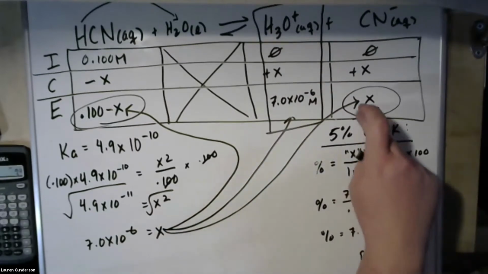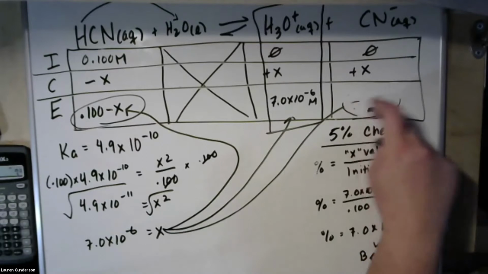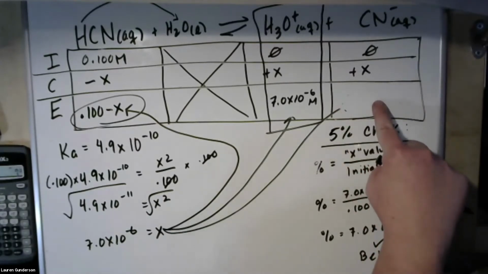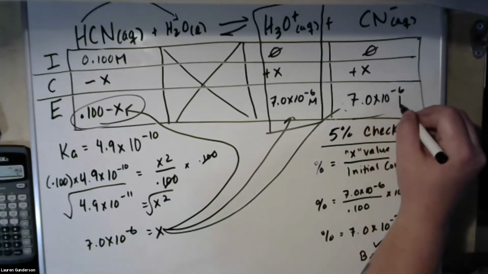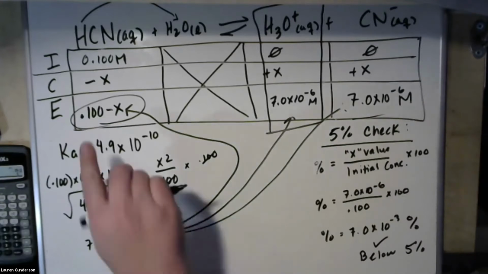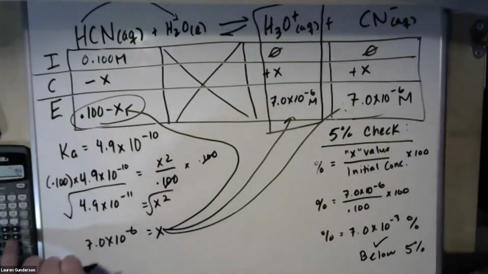I'm going to fill in the other ones just for completion's sake. So my concentration of CN minus is also 7 times 10 to the negative 6. And my equilibrium concentration of HCN is going to be 0.0999993.